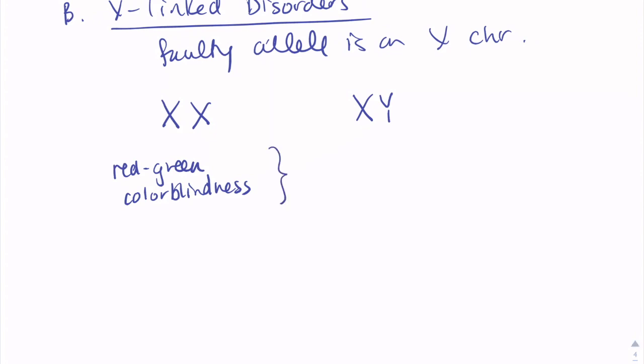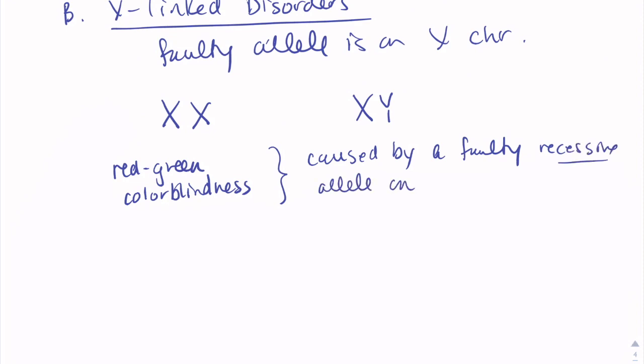Red-green color blindness is caused by a faulty allele on the X chromosome, and in this case the faulty allele is recessive. Caused by a faulty recessive allele on the X chromosome.